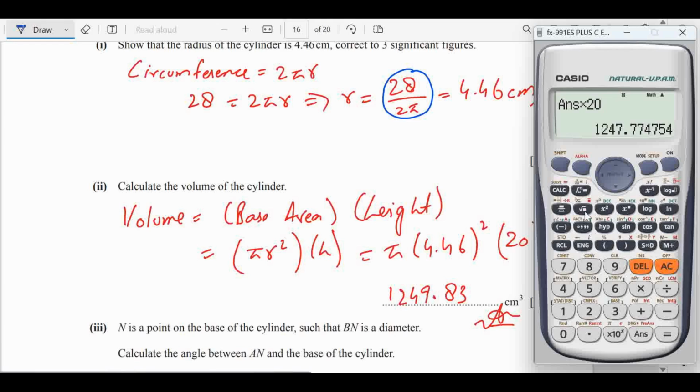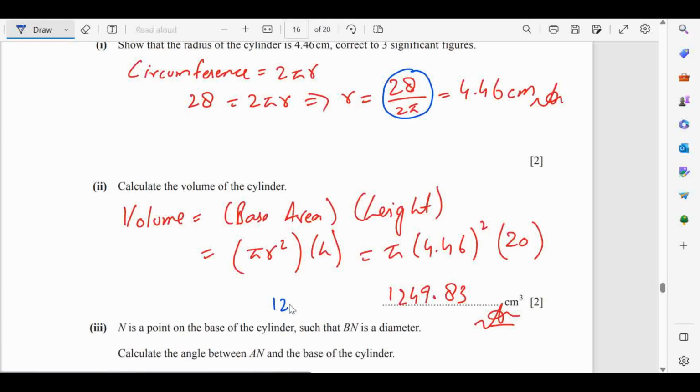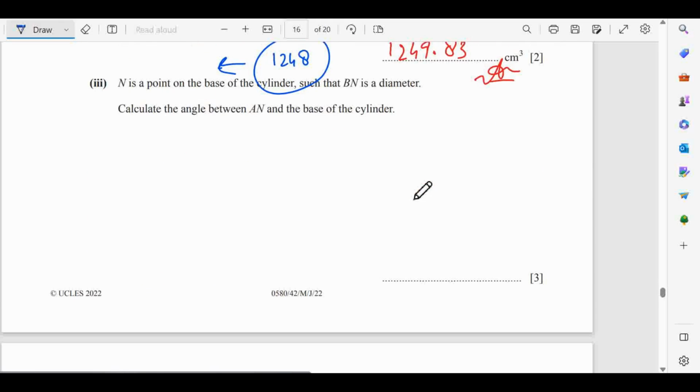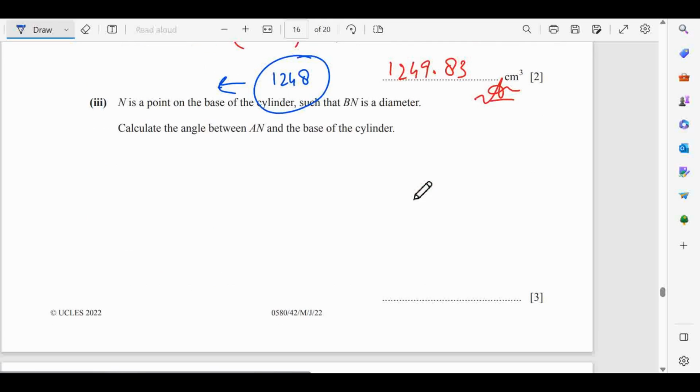So this will be equal to 1248. So this will be the accurate answer. If you take the rounded value, you can clearly see how it will change the answer. So always use the accurate values.